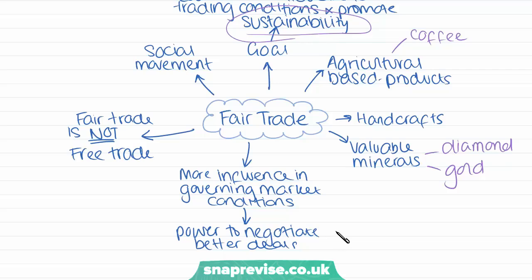But fair trade is trying to help these small farmers get what they deserve, so they're not mistreated by either countries or big corporations. However, what we need to realise is that fair trade is not free trade. So free trade is the removal of trade barriers. However, fair trade is a process of helping small-scale producers in gaining fair trading conditions and sustainability.